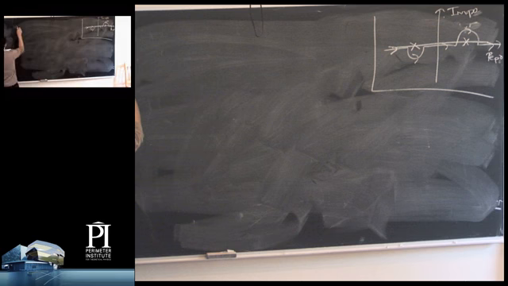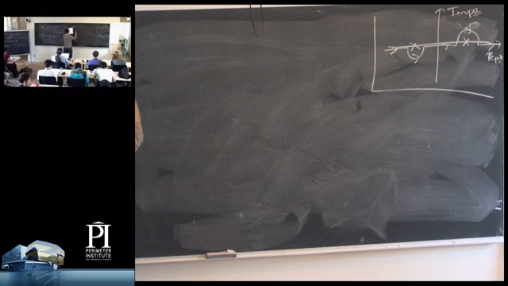So let's do this. Let me just write here the integral as well. Okay, so this is the integral we're trying to evaluate, and in particular we're doing the p0 part of this integral. Let's look at the case when x0 is greater than y0.